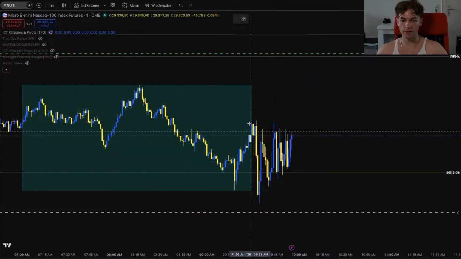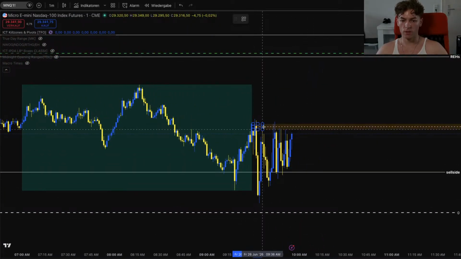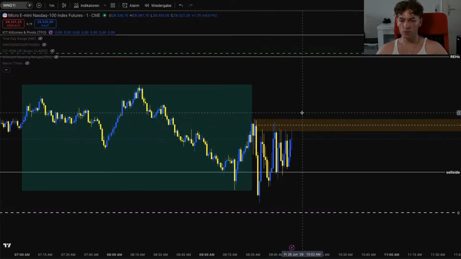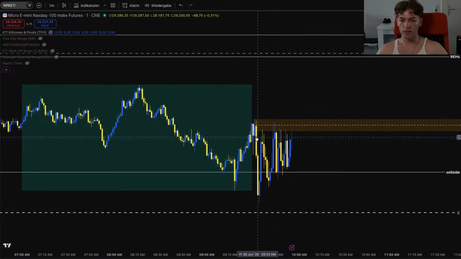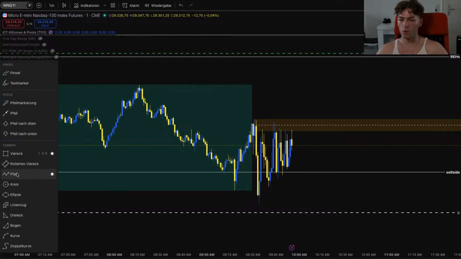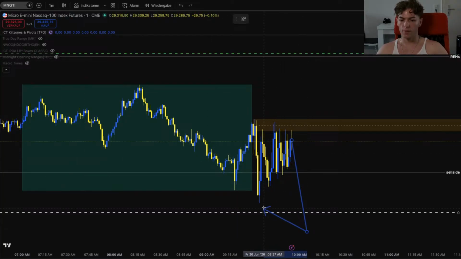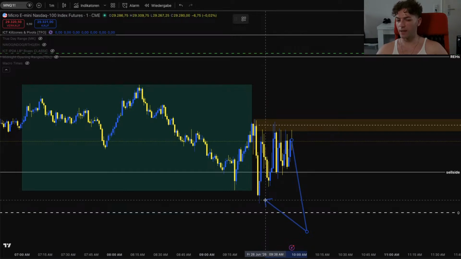Why? Like I said, they would view this one as maybe a resistance zone, maybe a double top, and so now we have a double top. That's a retail pattern, a double top. When we now trade lower, this is considered a neckline.